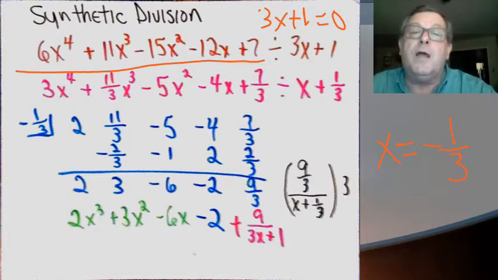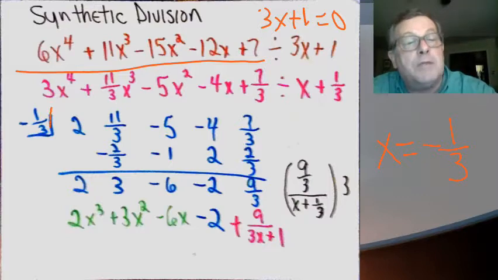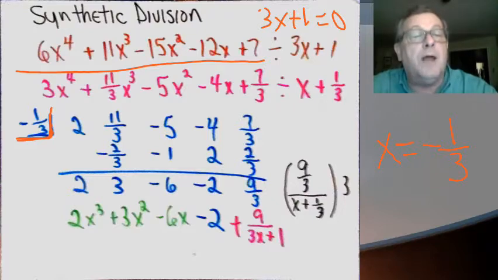So if I take 3x plus 1, 3x equals minus 1, divide by 3 on both sides, x is equal to minus 1/3. And this is what I'm going to set in here for my synthetic division, set in my little box, and I'm going to multiply everything by.